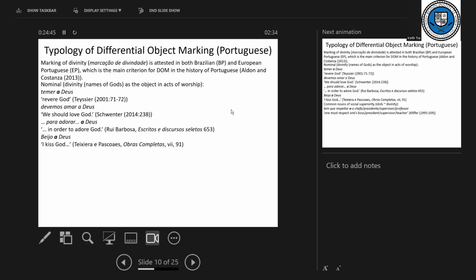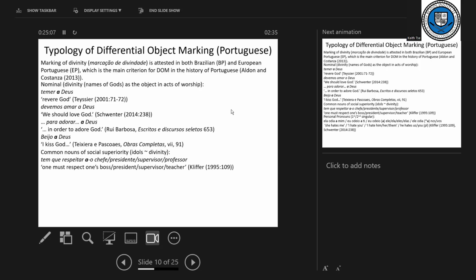So for example, "temer a Deus, devemos amar a Deus, adorar a Deus, beijo a Deus", etc. So these are all religious idioms where the object is divine and is being worshipped, and here a can be used.